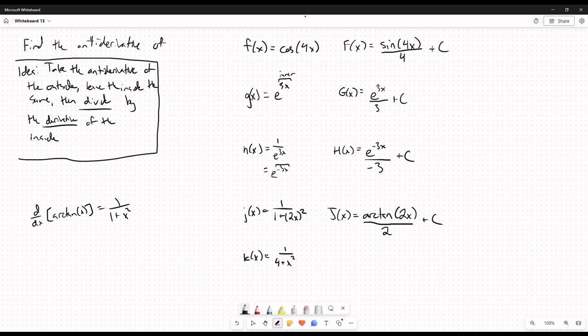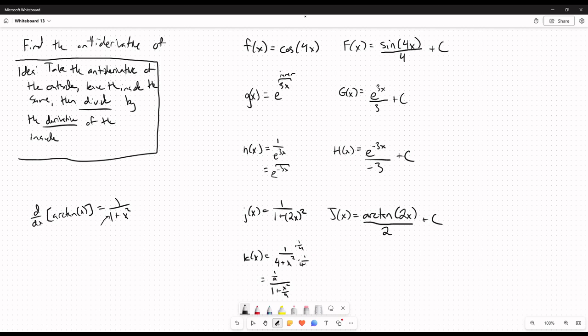Now this last one will take a little bit of extra work because arctangent has a 1 right there, and this function here doesn't. If I want to get a 1 there, I need to multiply the numerator and denominator by 1/4. That's going to let me rewrite this as 1/4 over 1 plus x squared over 4.